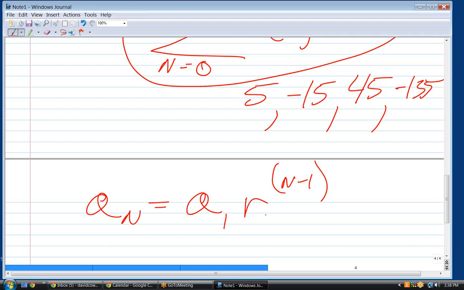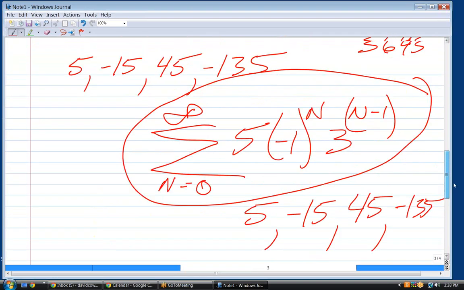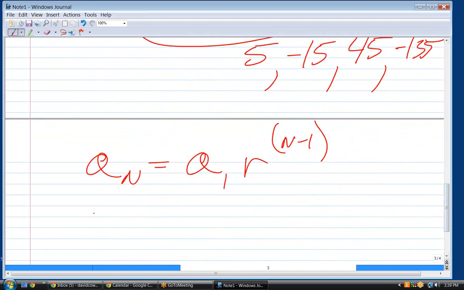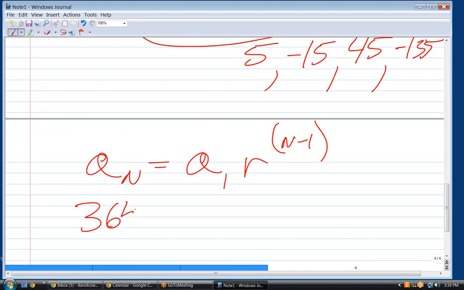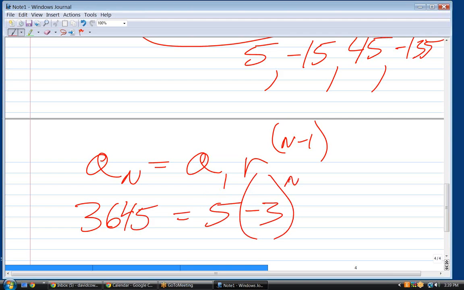Well, what do I know here? You told me that the nth term was 3,645. I can see that the first term is 5. I can see that the common ratio is minus 3.